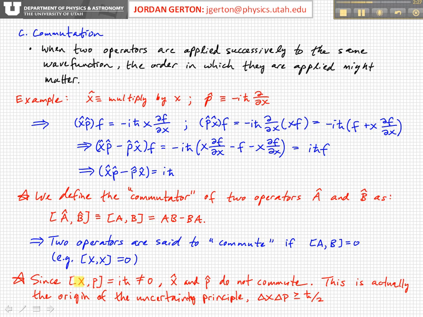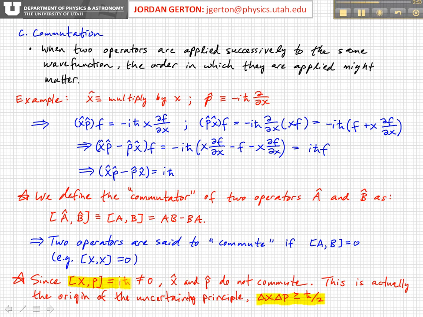The fact that the commutator is not equal to 0 but is equal to i h bar means that x and p do not commute, and this is actually the origin of the uncertainty principle we talked about before, namely delta x delta p is greater than or equal to h bar over 2. Now, showing that from this is not trivial.